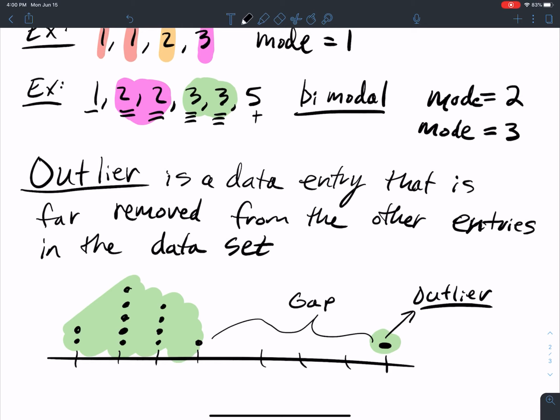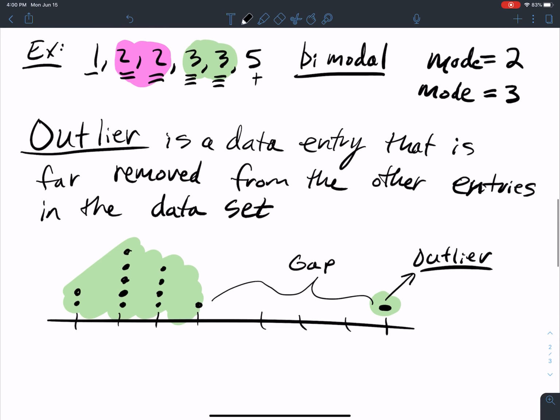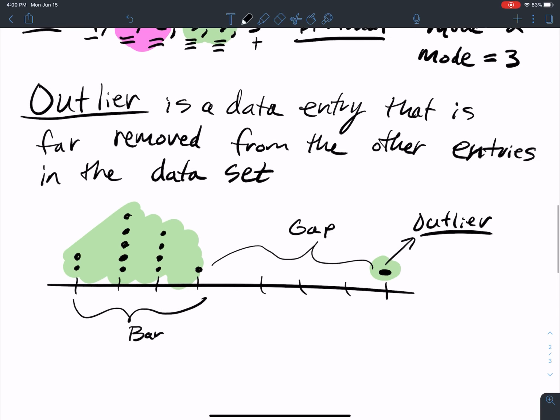So the way I think about outliers, say we were going to find the average of what all the people inside a bar make in salary. Okay, so all these people are in a bar. And maybe the average salary in this bar is $50,000 annual salary.